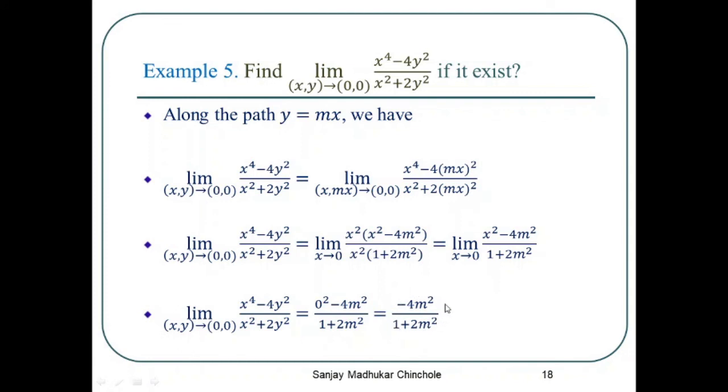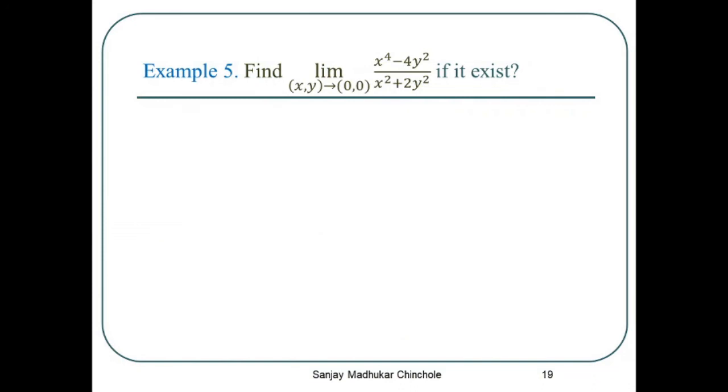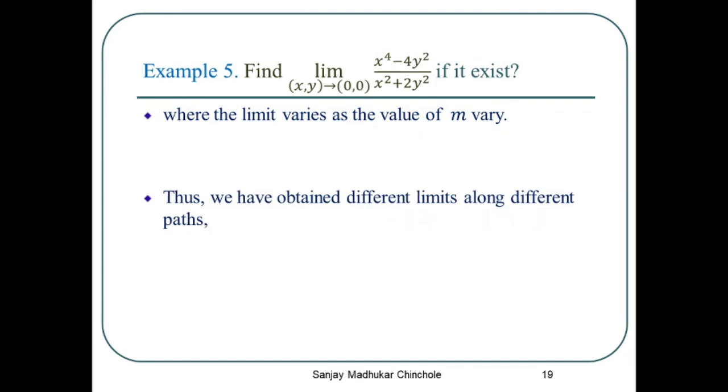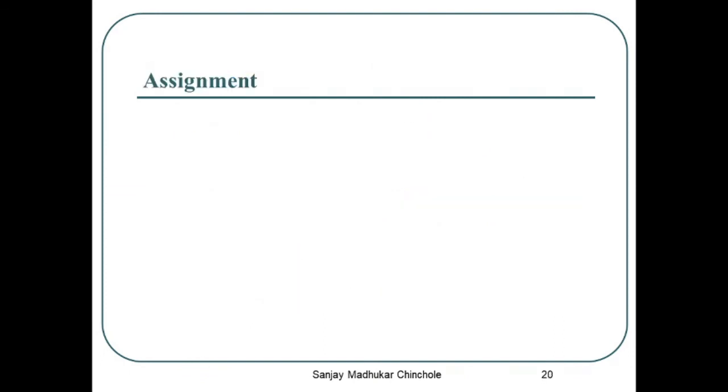Again, this is a term in m only, and m can take any real value. We can say that here the limit varies as the value of m varies. Thus we have obtained different limits along different paths. So the given limit does not exist.